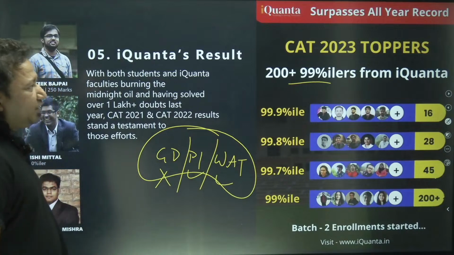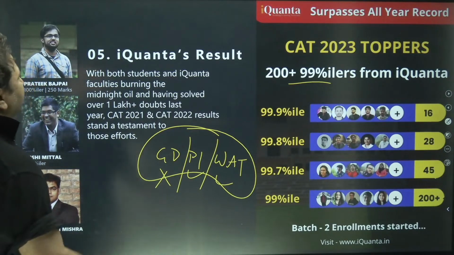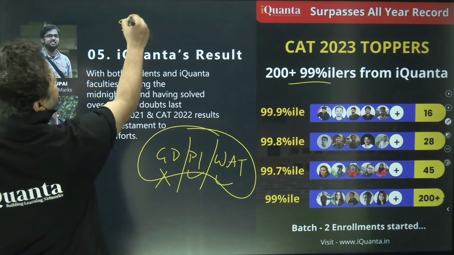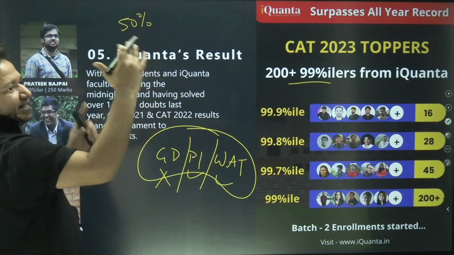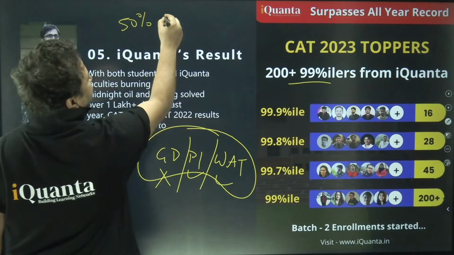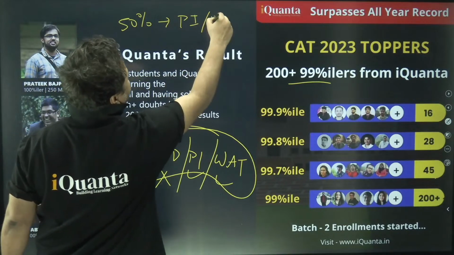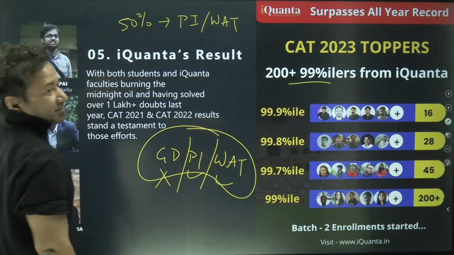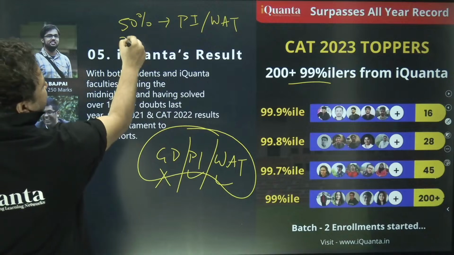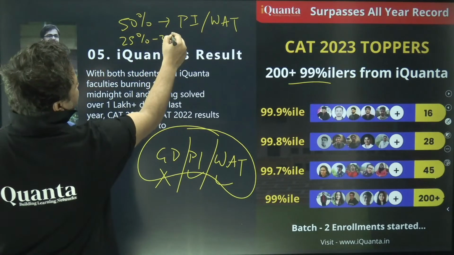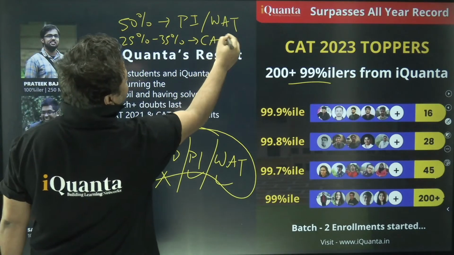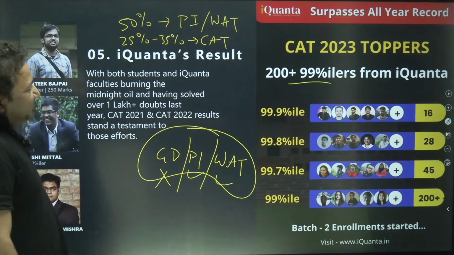Now I'll shock you with one very important data. 50% of your selection, the entire weightage of score, is on PI and VAT for IIMs. 25% to 35% is your CAT normalized score. Isn't that shocking?